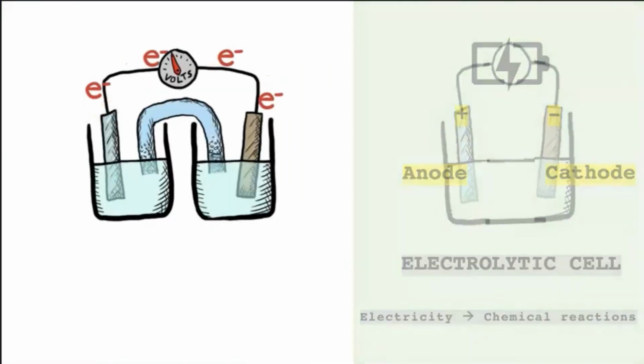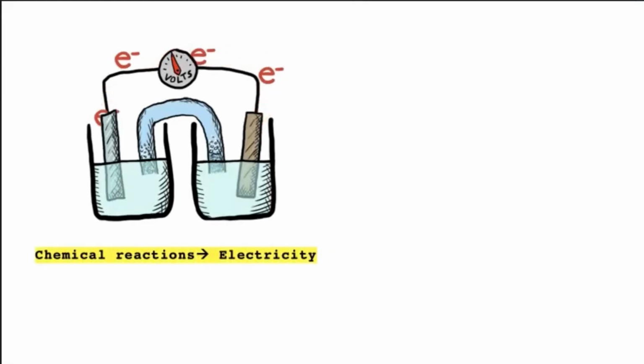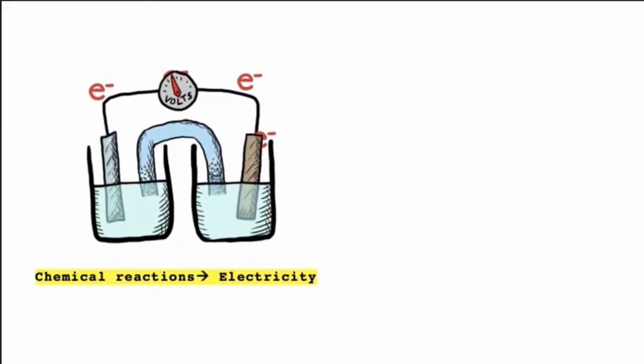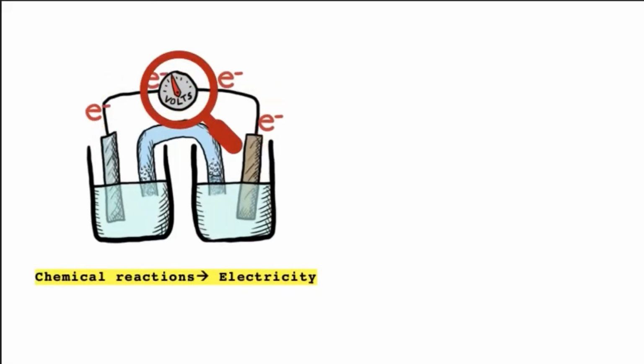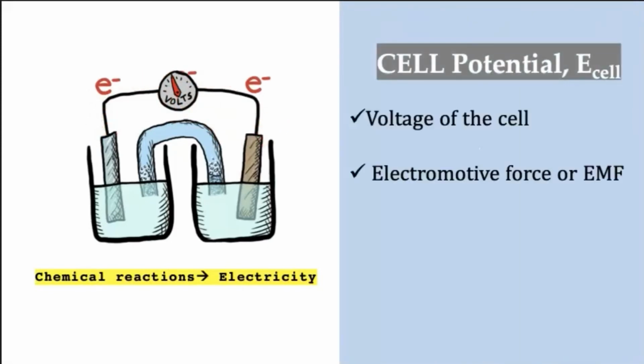Recall that in a voltaic cell, the free energy change of a spontaneous reaction is converted to electrical energy. This electrochemical energy is proportional to the difference in electrical potential between the two electrodes, which is called the cell potential or E cell, also known as the voltage of the cell or the electromotive force or EMF.